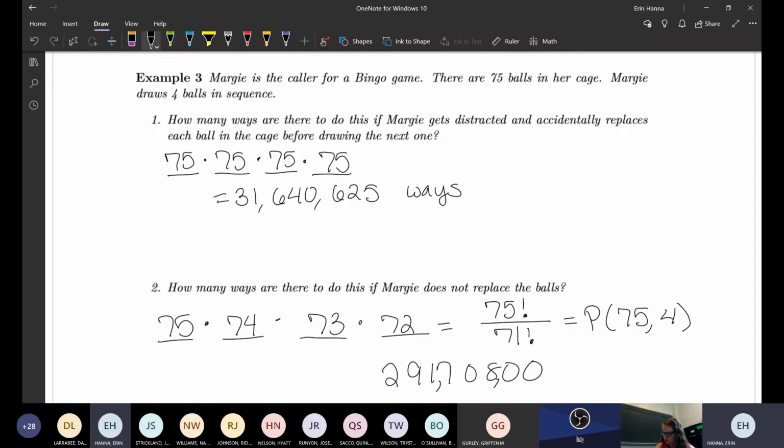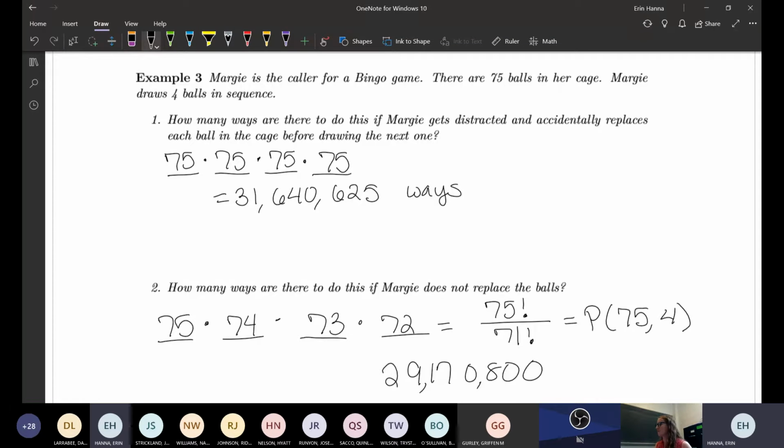Do I not have enough numbers in the last one? Hold on. I have gone and confused myself. 3 1 4 0 6 2 5 2 9 1 7 0 8. Oh, I just put a comma in the wrong spot. I'm so dumb.